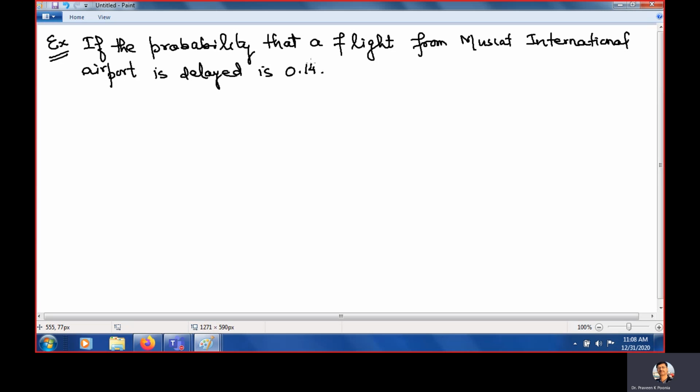What is the probability that the flight from Muscat International Airport is delayed? It is 0.14. Clear?